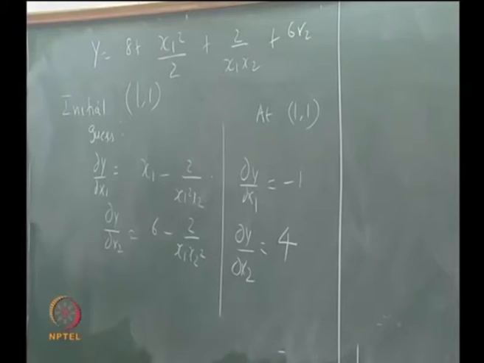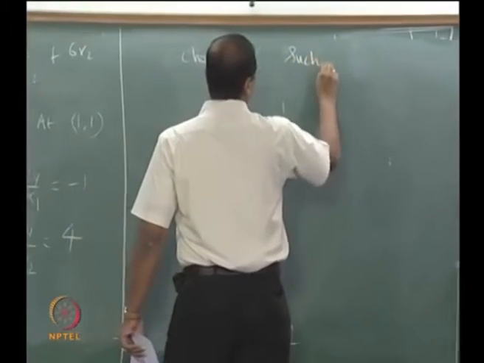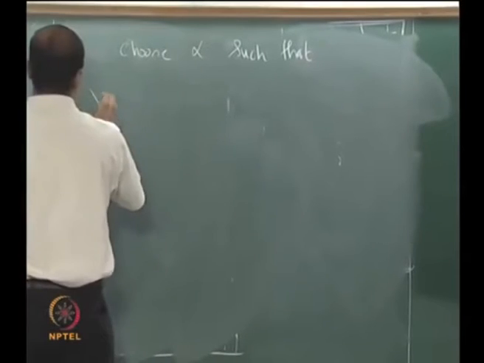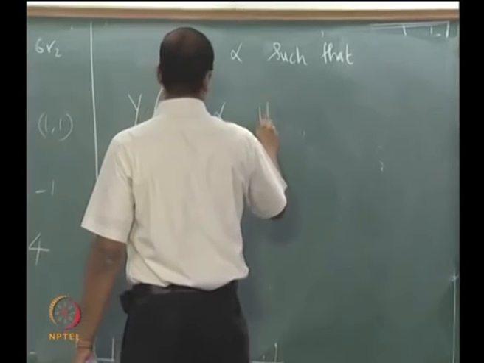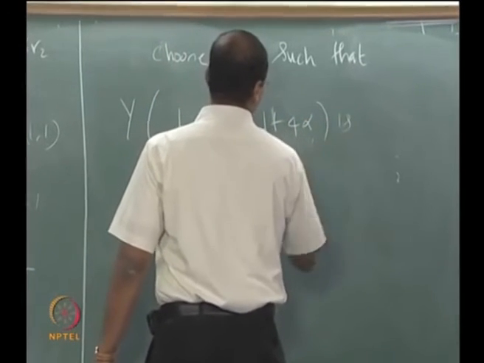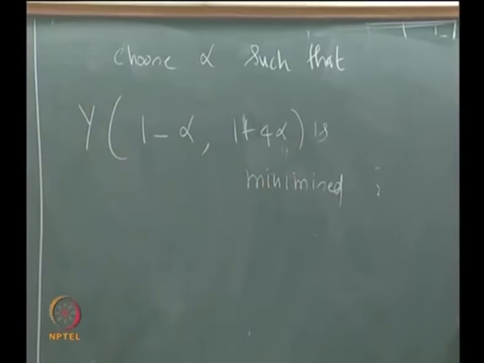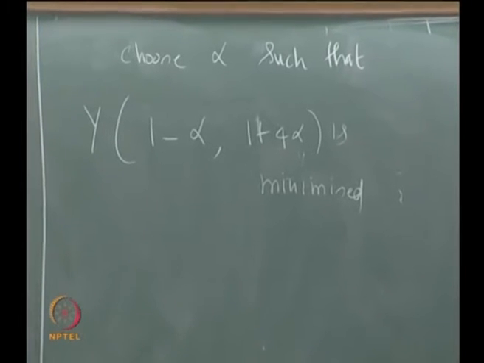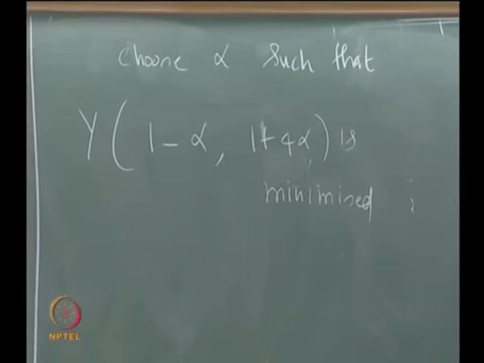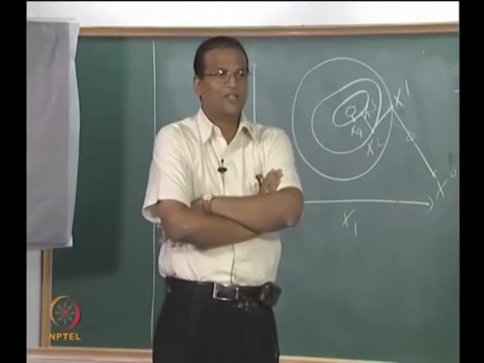Now choose alpha such that delta x1 is dy by dx1 into alpha, delta x2 is dy by dx2 into alpha.